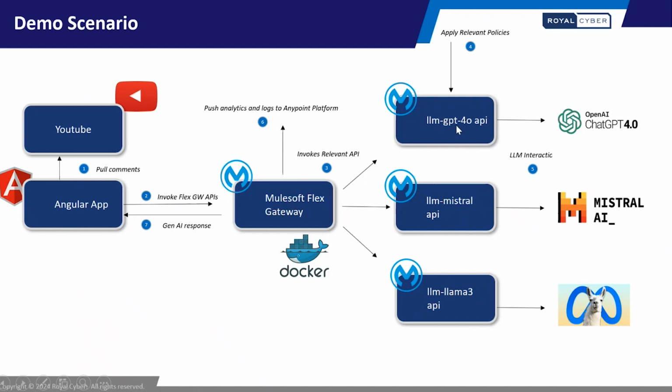Also, these APIs running in Flex Gateway are applying relevant policies on requests and responses from ChatGPT or the corresponding LLM. And MuleSoft Flex Gateway is pushing analytics and logs to Anypoint Platform, which is the centralized control plane. So let's see this in action.